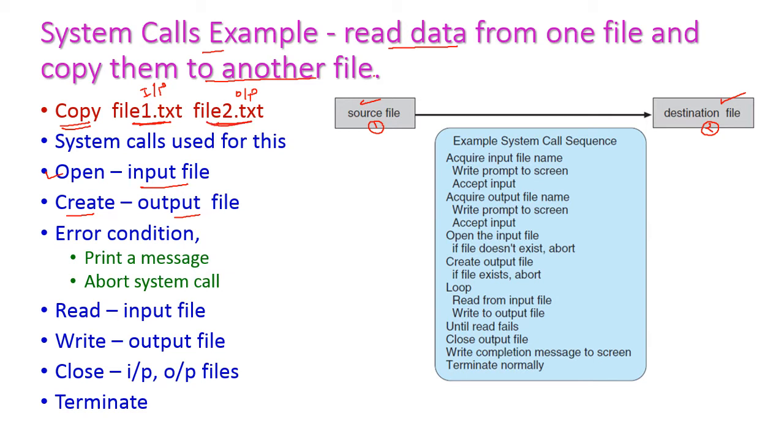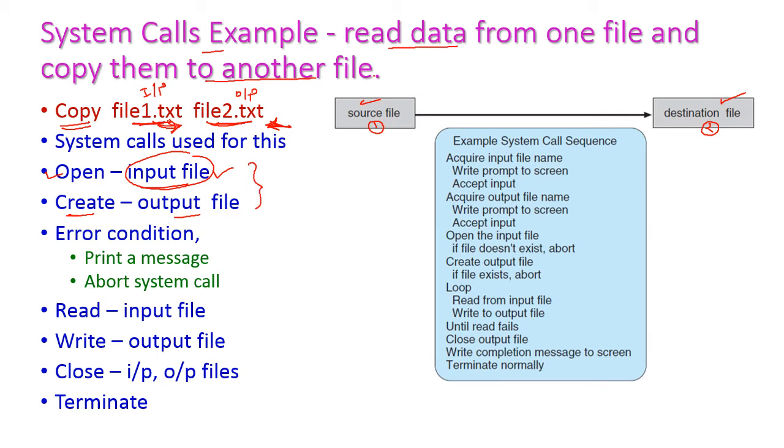To open an input file, the file should already exist. File1 should already exist, then only can we open that file. And to create an output file, the output file should not already exist. That should be a new file, then only can we create the output file.